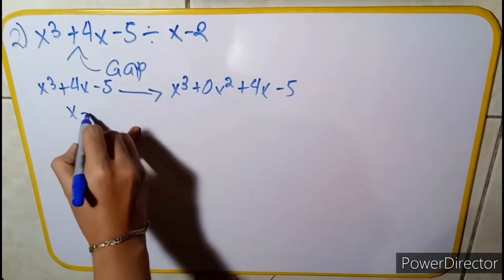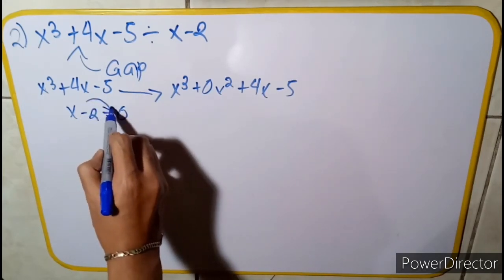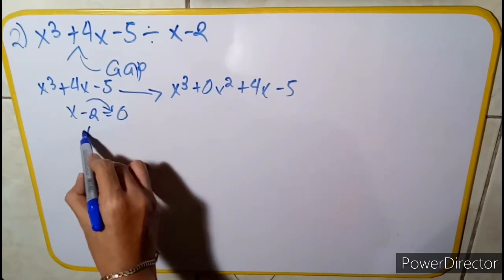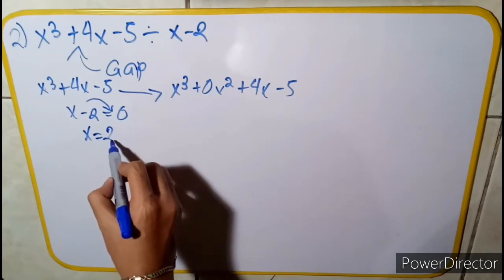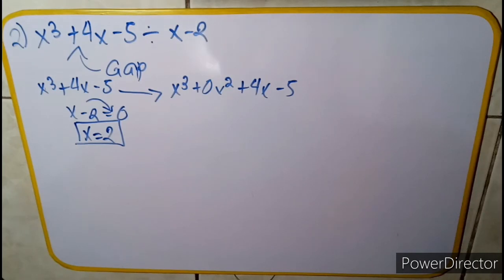Now, we will find our new divisor. We will transpose negative 2 to the right side and it will be x equals positive 2. And this is our new divisor.